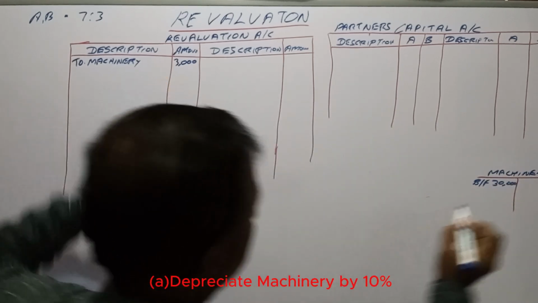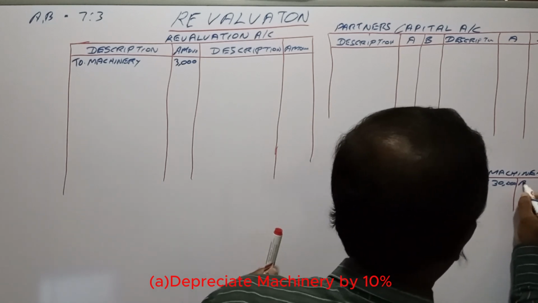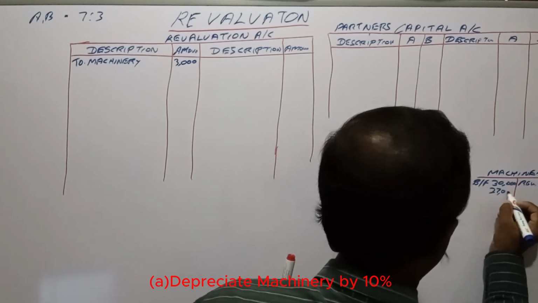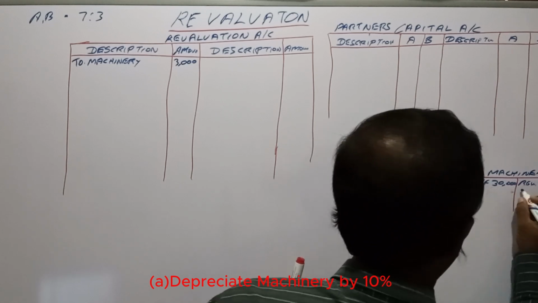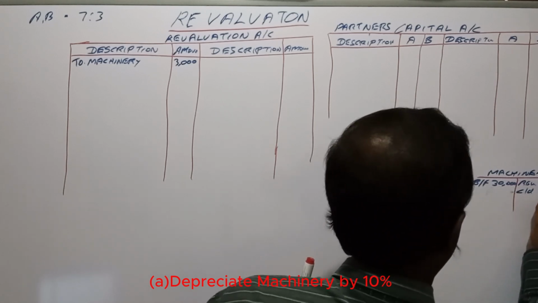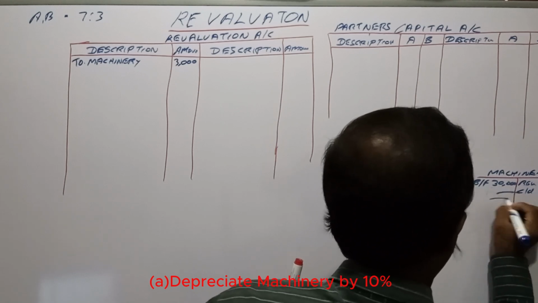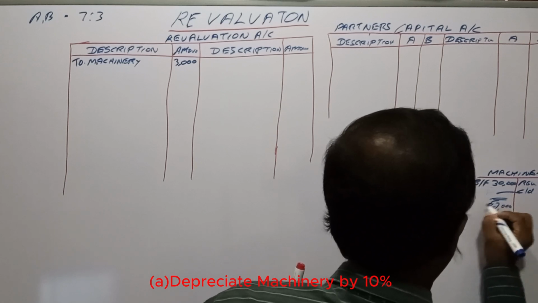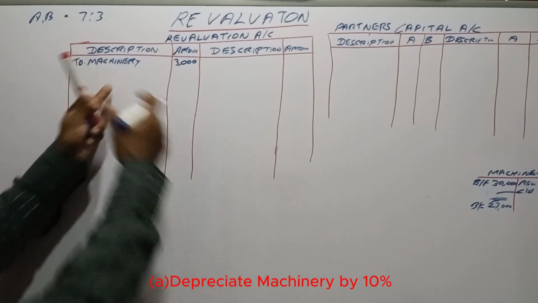So we are crediting the 3,000 as revaluation account. Then carrying value is 27,000. Only the 27,000 will appear after revaluation account transfer. That is the double entry.